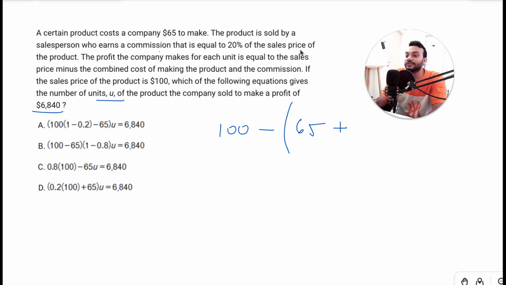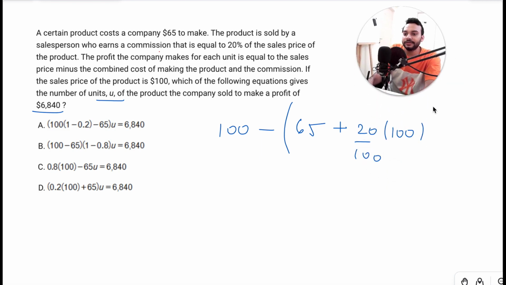Oh, sorry, 20% of the sales price of the product. So sales price is 100. So 20% of 100. It's written like this. This would be the profit on 1 unit, whole thing multiplied by U. This would be equal to 6840.